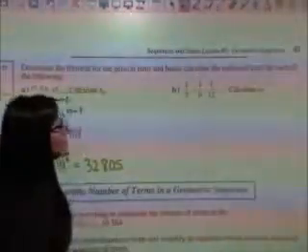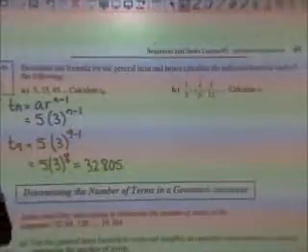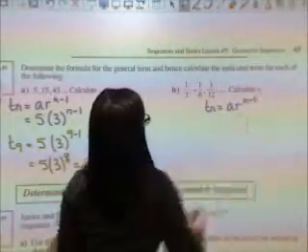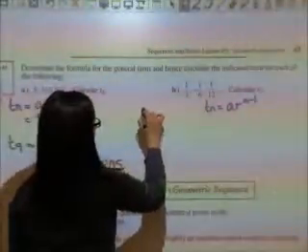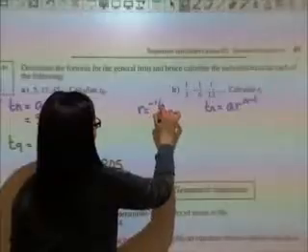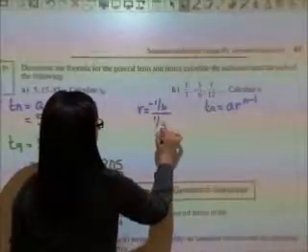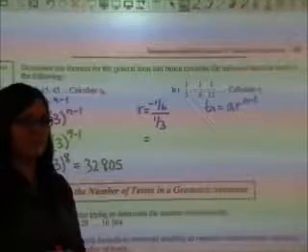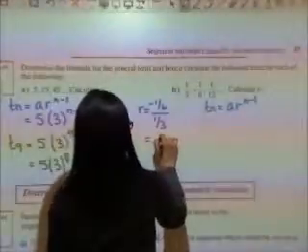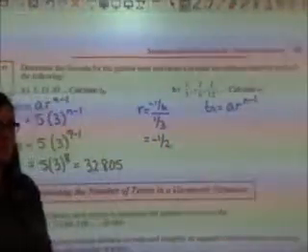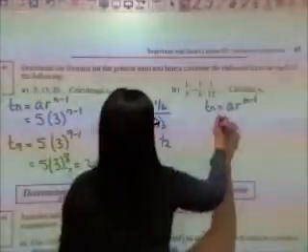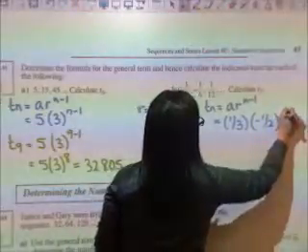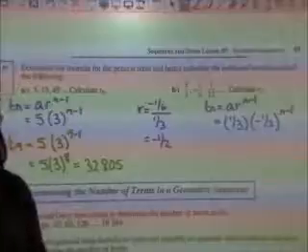Okay. So if I look at the next one, t of n equals a times r to the power of n minus 1. So I want to figure out what r is. So r is going to be negative 1/6 divided by 1/3. What does that equal? So then I've got a, which is 1/3, times r, which is negative 1/2, to the power of n minus 1.